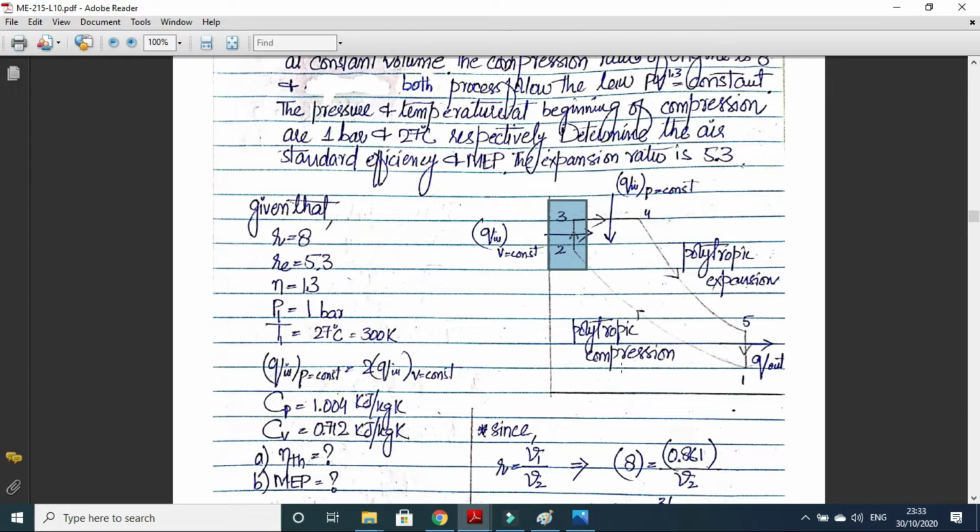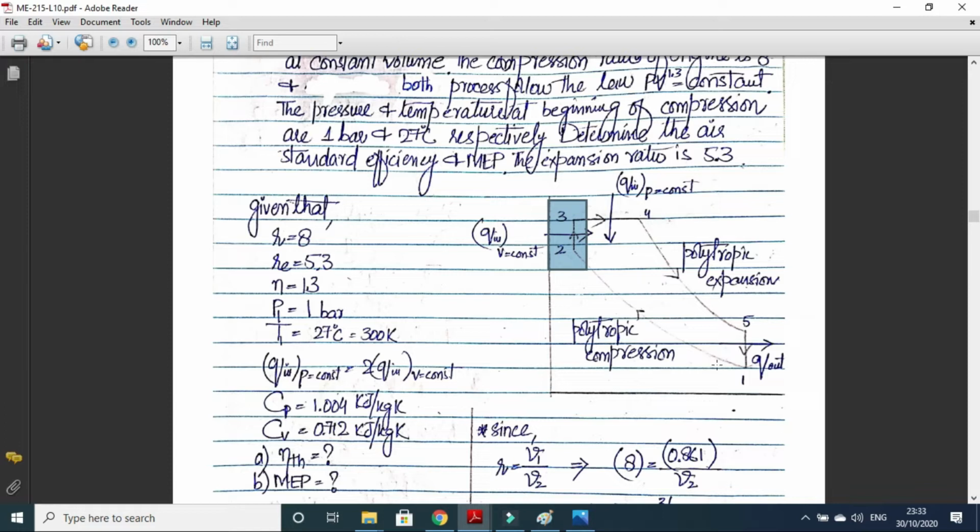And what is an isentropic process? Isentropic process is a reversible adiabatic process. So isentropic means adiabatic means no heat transfer. But since this is not isentropic, this is polytropic, there will be some heat transfer taking place during process 1 to 2 and 4 to 5.